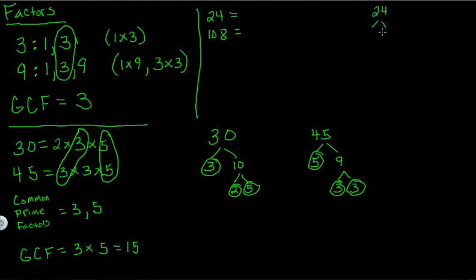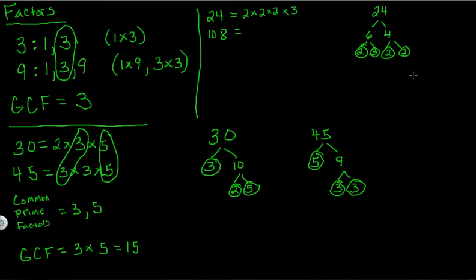So we can say, okay, 24 is what, 6 times 4? So 6 times 4, both of those are composite. 6 is 2 times 3. Those are prime. And 4 is 2 times 2. So our prime factorization for 24 is 2 times 2 times 2 times 3.